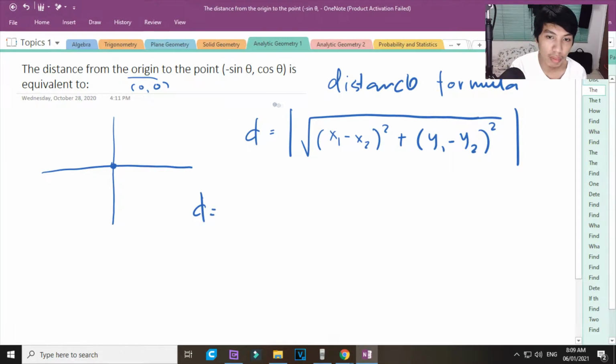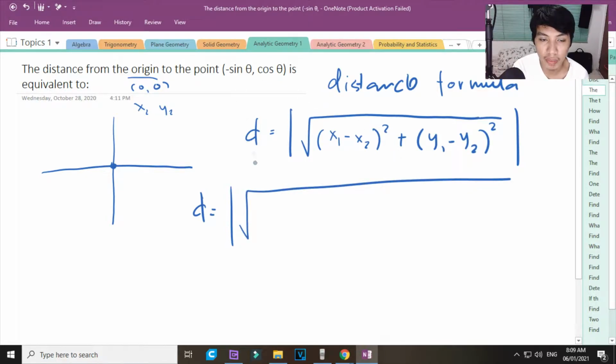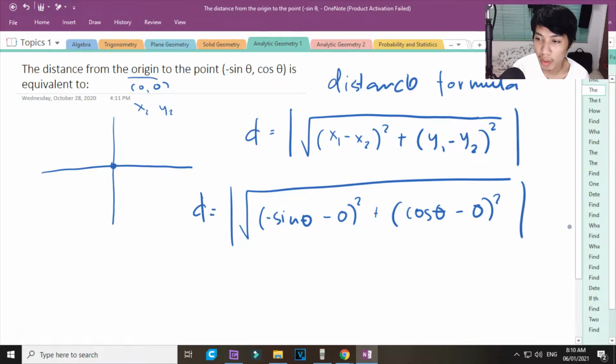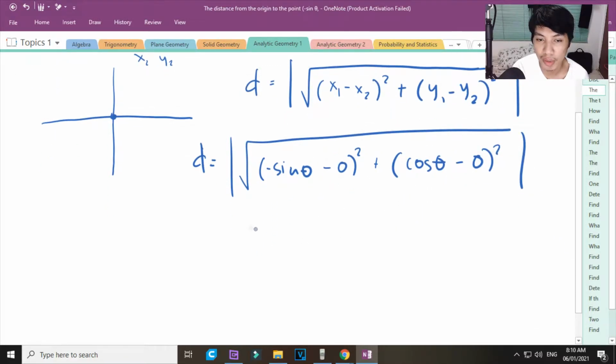Gawin nating x sub 2 ito, and then y sub 2. Lagay natin dito. You are given x, negative sine theta, minus 0 squared plus cosine theta minus 0 squared. Now, simplifying, canceled out na yung 0.